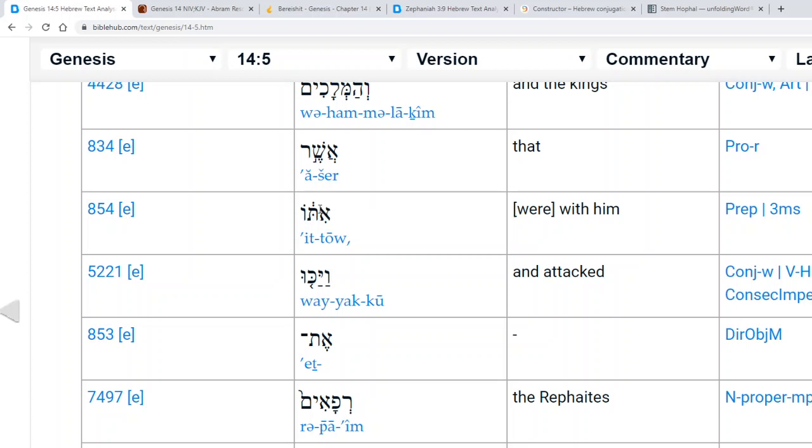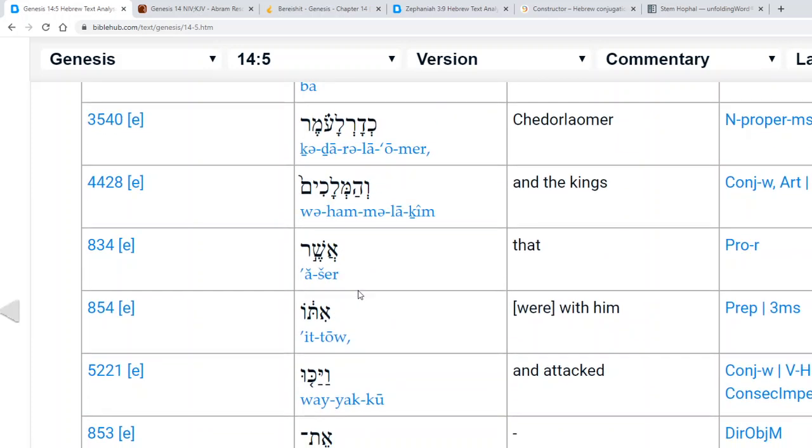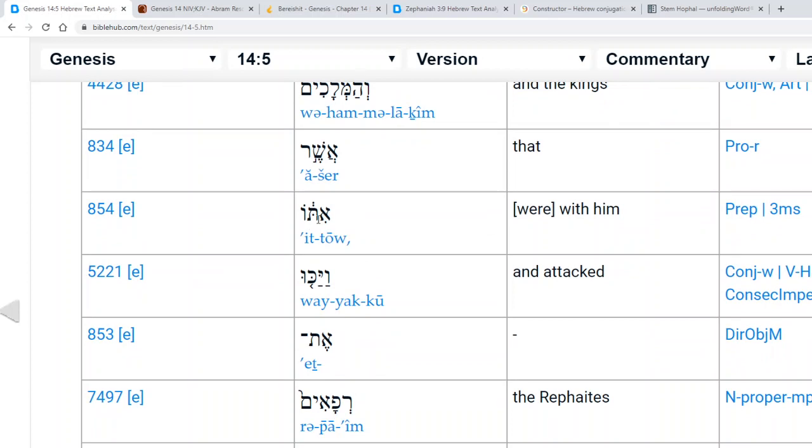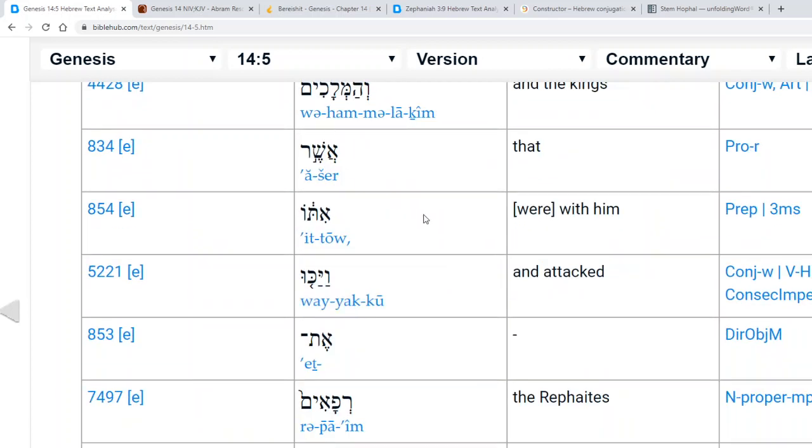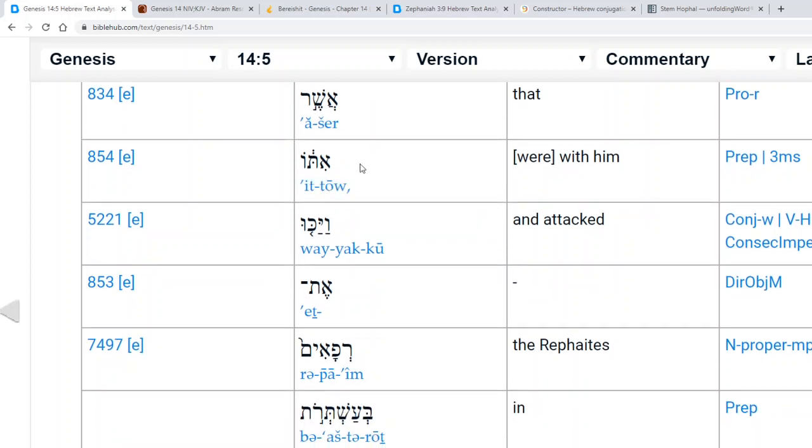This is the received tradition of the vocalizations, but if it was the direct object marker, it would be oto, right? With holam. Okay. With him, right? Asher ito, which were with him. Well, actually, that wouldn't make sense at all, right? Because there's no asher oto, right? It couldn't possibly be the direct object marker, even without that clarity in the vocalizations, that's what you would say.